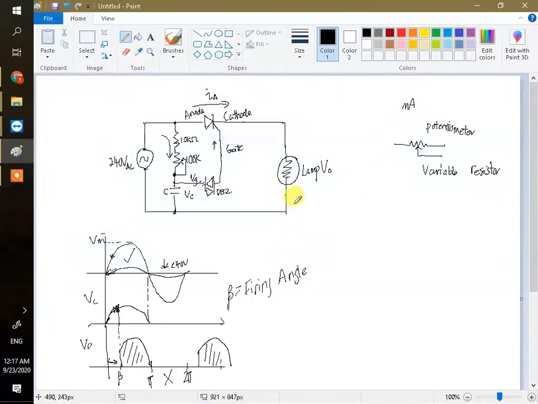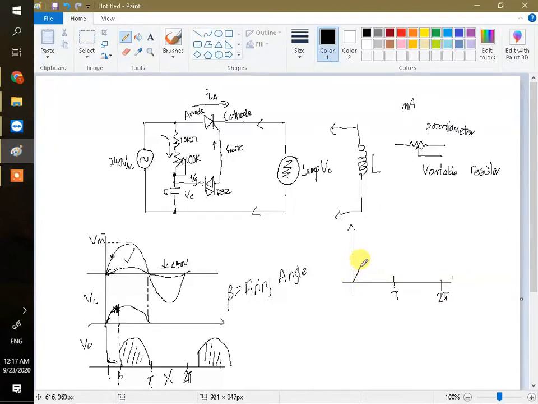Okay, so if the load is an inductive load, a heavy inductive load, what happens to the output? Let's say it's pi here, and 2 pi here.